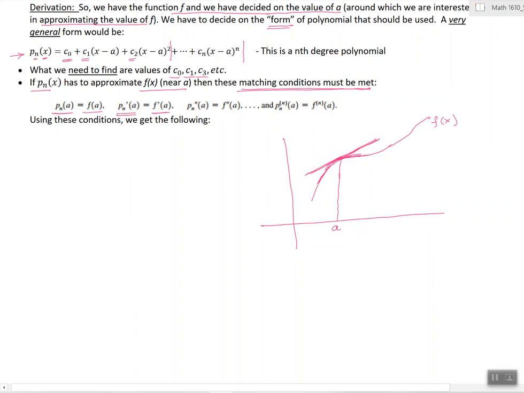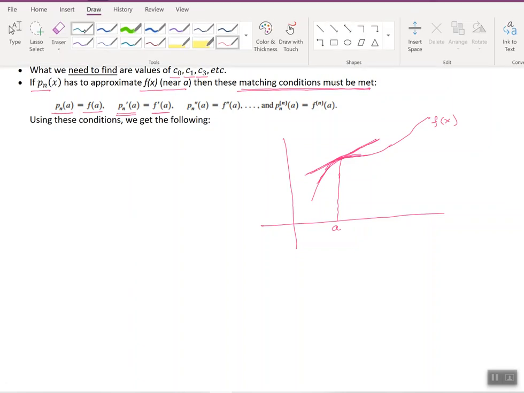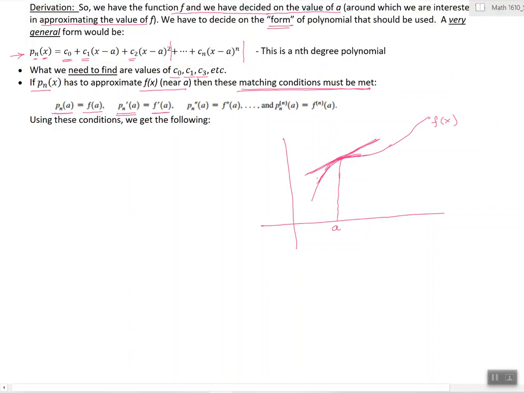But then you want to improve it, so you say, okay, how about if we give this line a little curve? How about if I want a parabola, a second order? So this was P1, now this is P2.